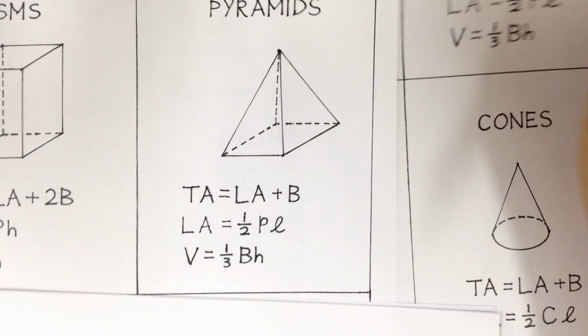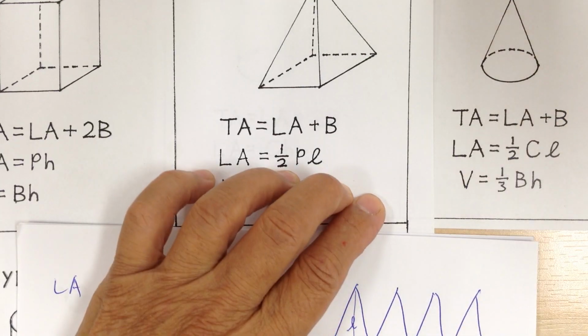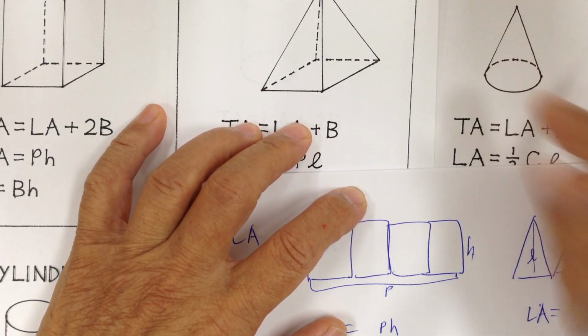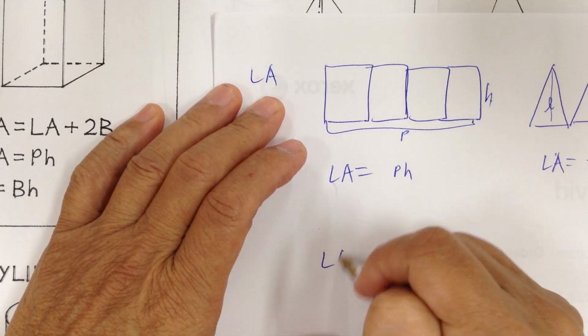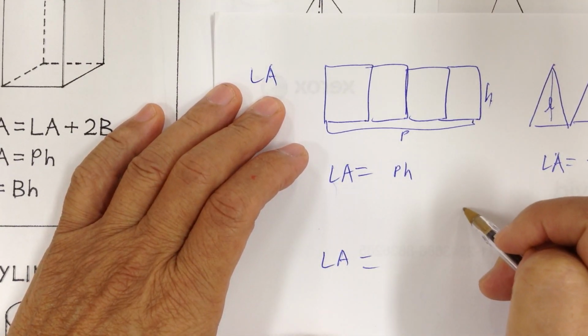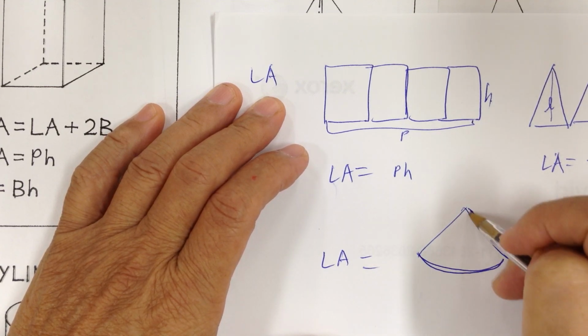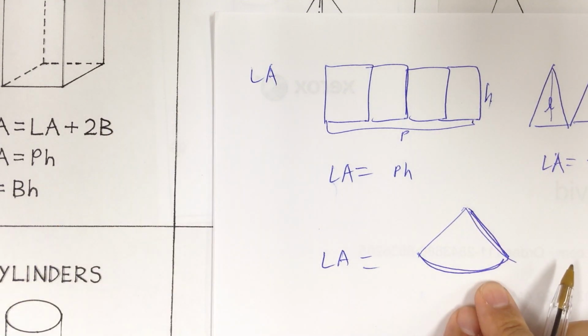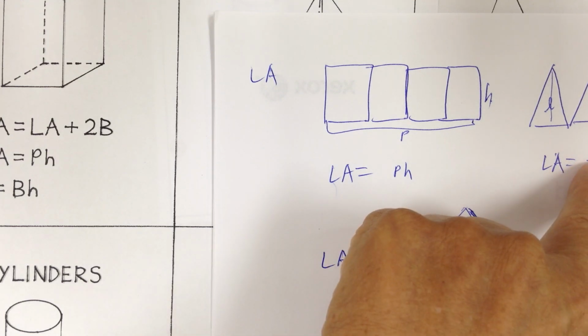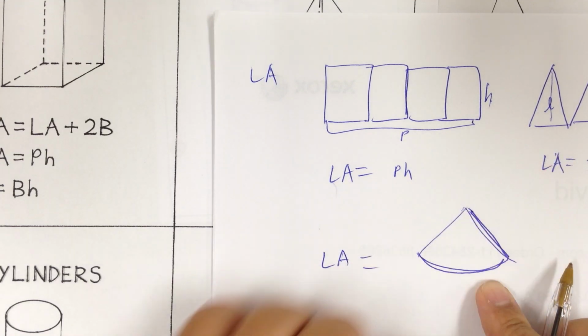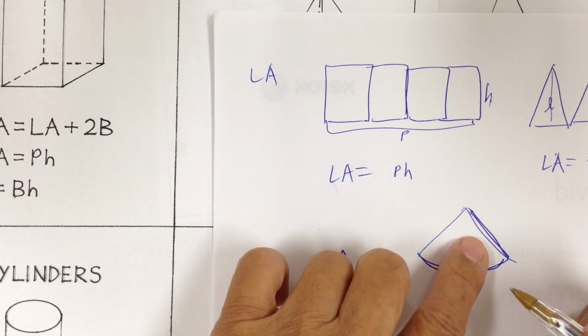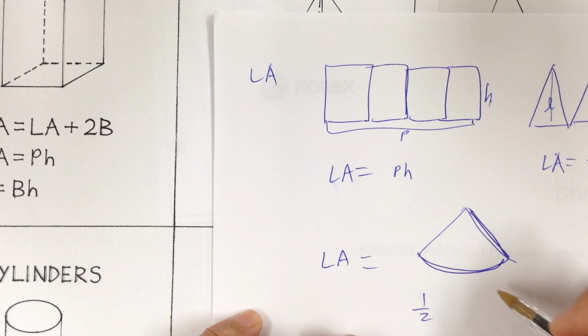Same thing with the cone. If you cut and open the cone, your LA is going to look something like this. Notice it looks like a triangle, so you can still use the formula for a triangle. The area of a triangle is 1/2 base times height.